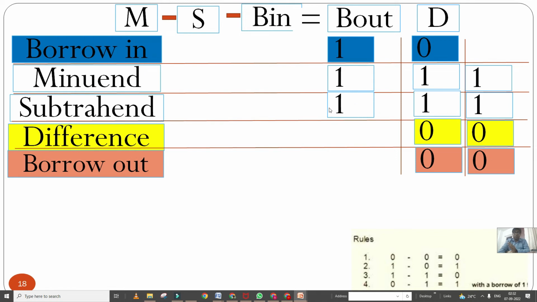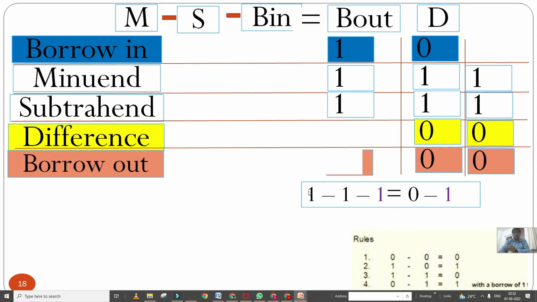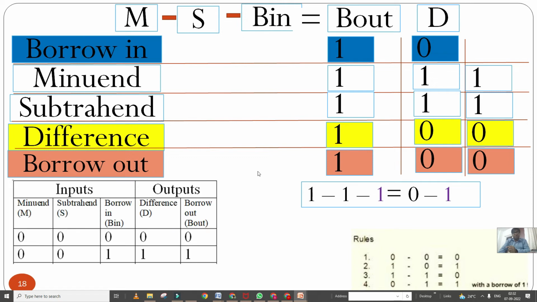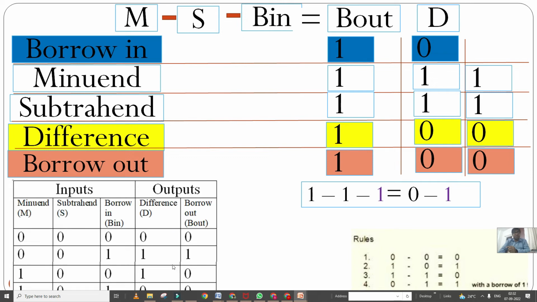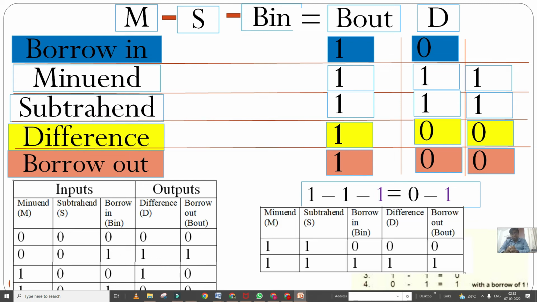So 0 minus 1. So 0 minus 1 is 1 with borrow 1. So it will be represented as 1 0 with borrow 1, the difference is 0, borrow out is 0, and 1 0 with borrow 0. So this is the case 1 1 0 0.